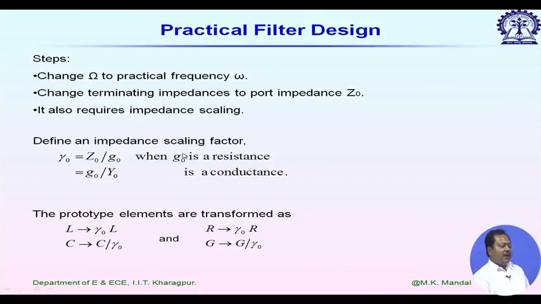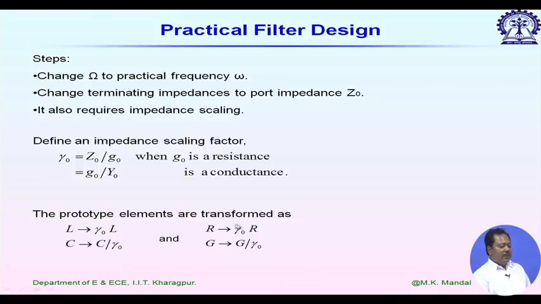So, how do we define the impedance scaling factor? Gamma0 is equal to Z0 by g0 when g0 is a resistance, and it is equal to g0 by Y0 when it is a conductance. Typical Z0 values for any millimeter wave or microwave system are 50 ohm. Next, we have to find out the real L and C values.